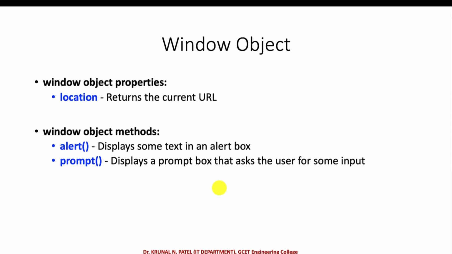Alert is a method that displays some text in an alert box, so a window will pop up and your message will be in the alert. Prompt is used whenever you need to take input from the user; you can achieve that through the prompt method.